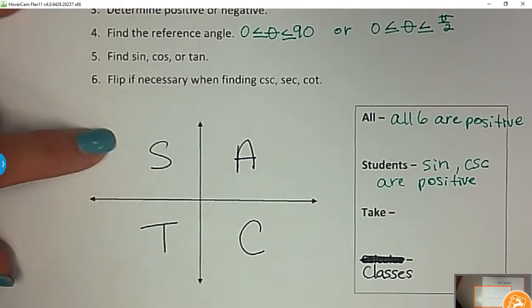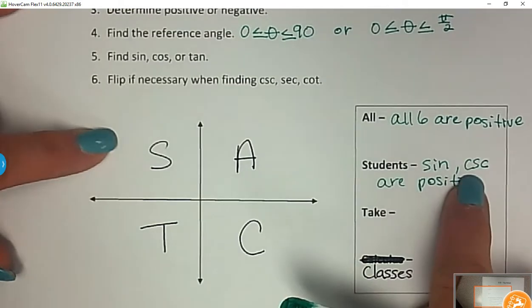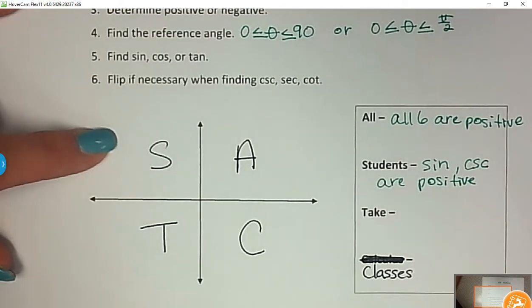So if I'm talking about 135 degrees, the sine of 135 is positive, the cosine of 135 will be negative, tangent of 135 will be negative, the cosecant of 135 will be positive, the secant will be negative, and the cotangent will be negative.